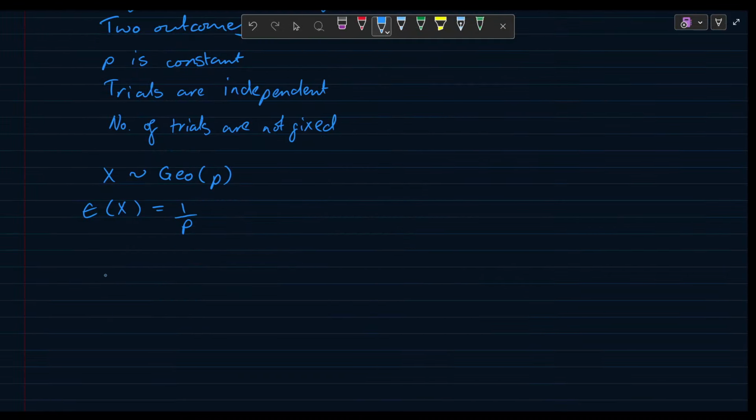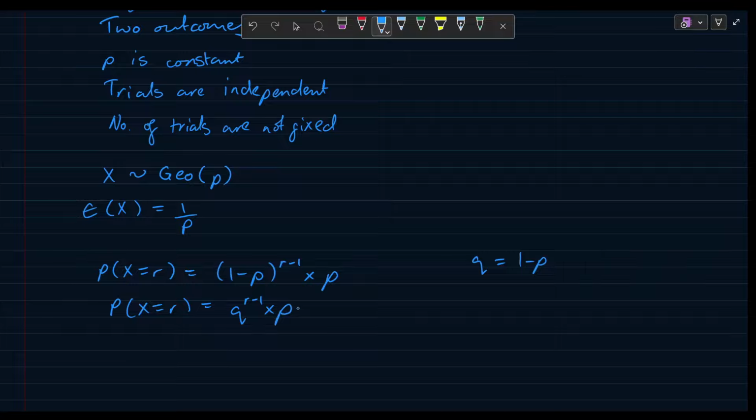To evaluate geometric probabilities, we use the formula: the probability that x is equal to r is (1 minus p) to the power r minus 1, multiplied by p. In most literature 1 minus p is written as q, so this formula can also be written as q to the power r minus 1 multiplied by p.